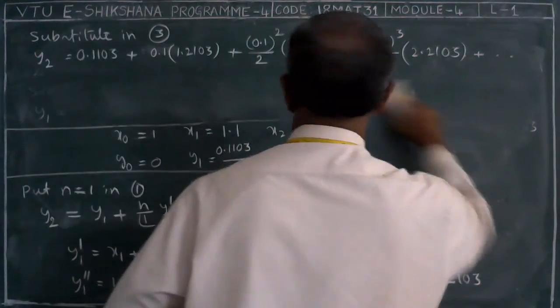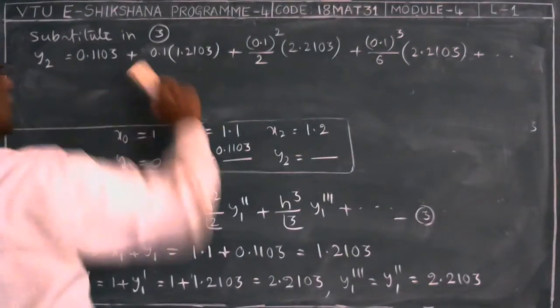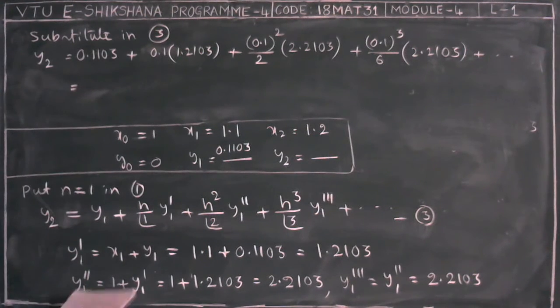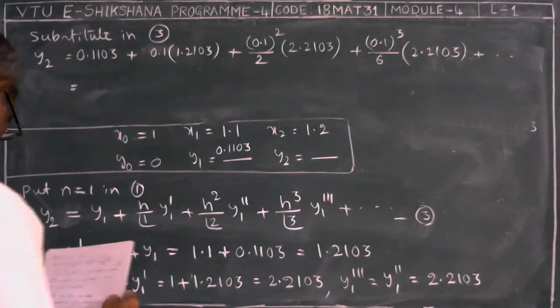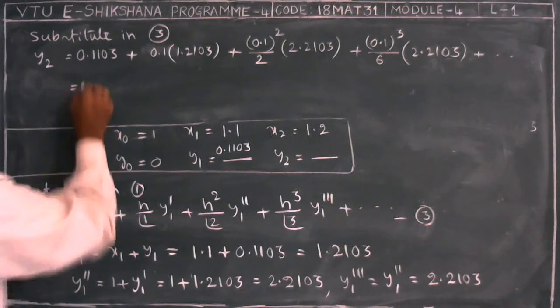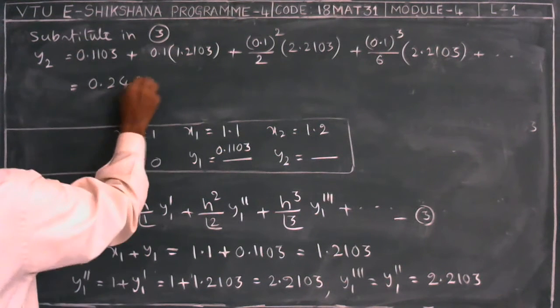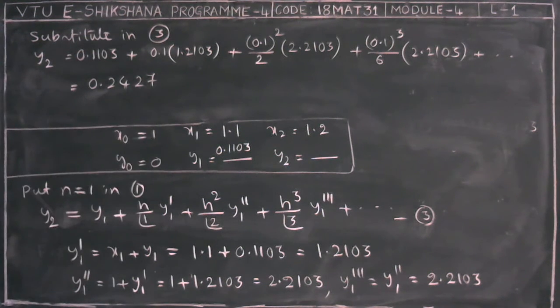So compute this using a calculator. Don't do it manually. If you compute, you will get 0.2427.